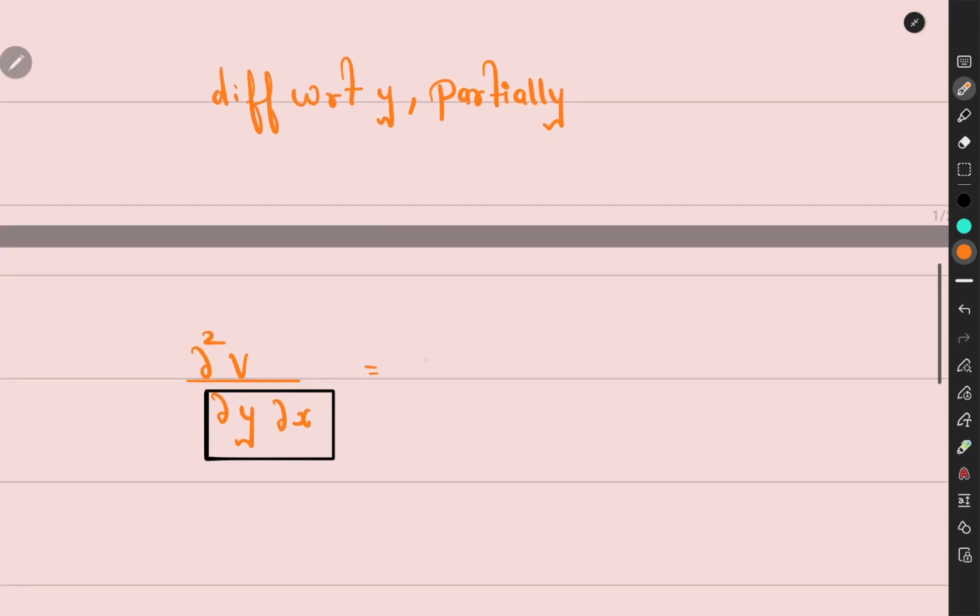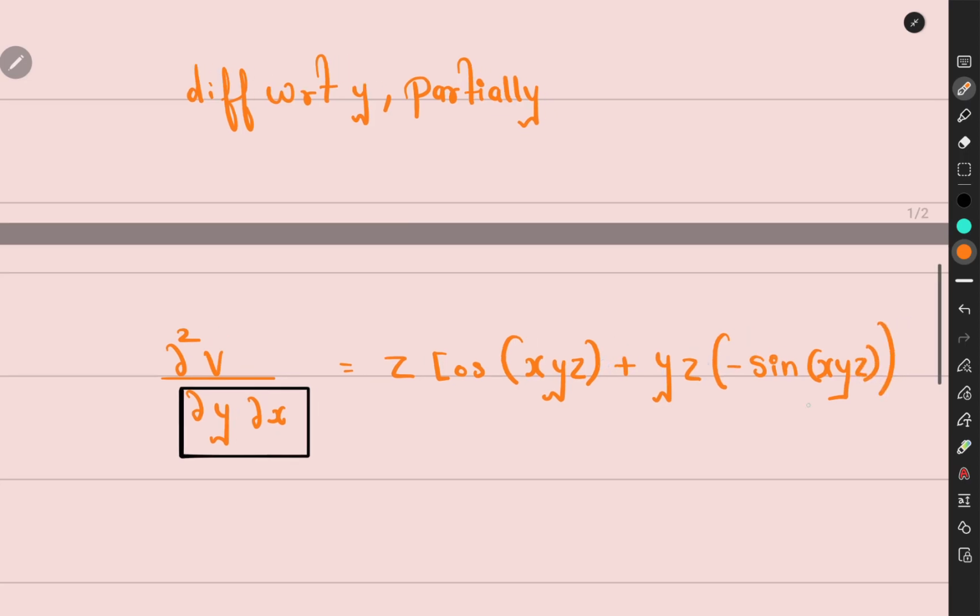Applying the UV rule, what we are getting is z cos xyz plus yz into sin xyz into, don't forget, we are doing a simple chain rule, the terms which are coming after the sign, which will be x and z.